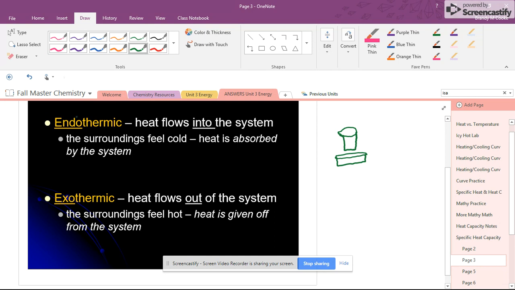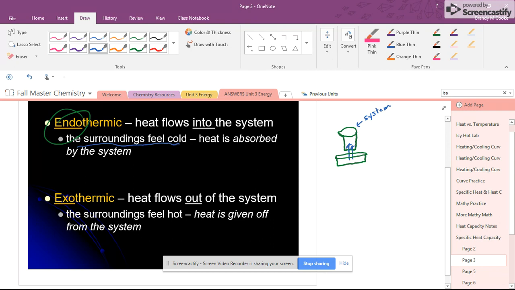So in this case, if we have an endothermic exchange, heat is flowing into the system. If this is our system, then it would be endothermic because heat is flowing from the surroundings, aka the hot plate, into the system. I'll get to what this means in just a second.